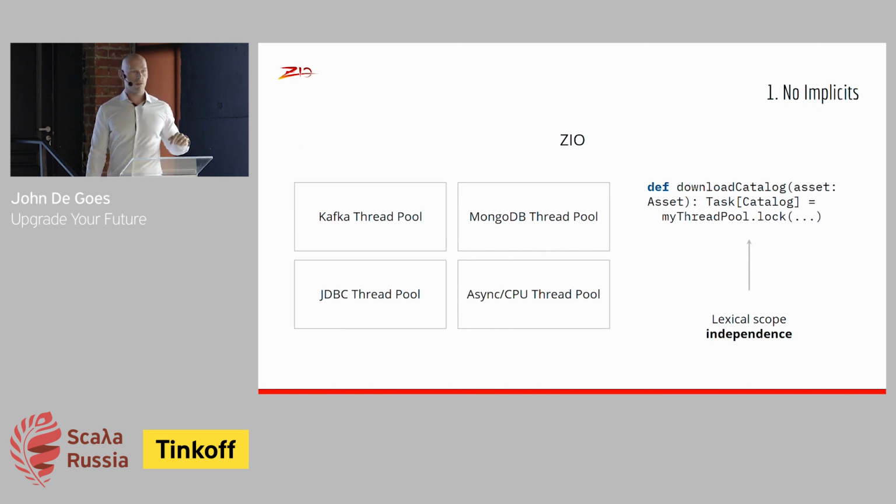And this composes horizontally, which means if you have different parts of your code that need to run in different locations, you can lock all those pieces of your code where they should run, and then Zeo, as it's executing that, will go ahead and shift the computation to the appropriate thread pool at any point in time. It helps you keep code where it's supposed to be running and makes it stable in the presence of refactoring, so you can move stuff around between different files without changing its meaning. You can change imports at the top of your file without having to worry about breaking your code.